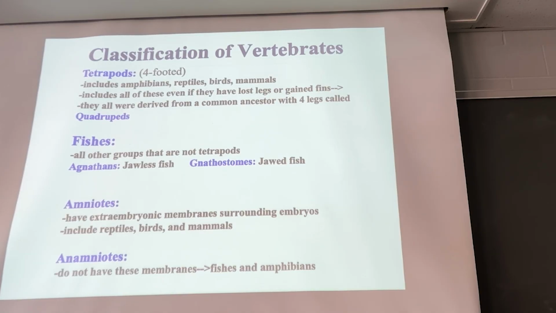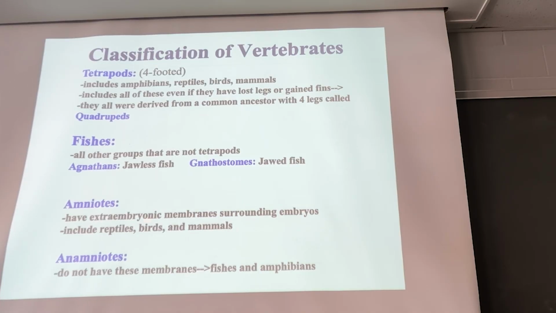Now, the tetrapods and the fish, you can also break them down into two other groups that you might see, called amniotes and anamniotes. Amniotes have extraembryonic membranes around their embryos. So they have an embryo and then they surround it with tissue. There could be several of these membranes. The name amniote comes from the amnion, the membrane directly around the developing embryo.